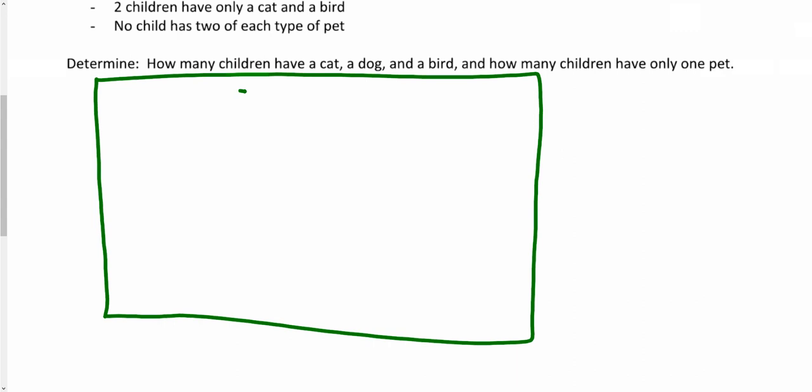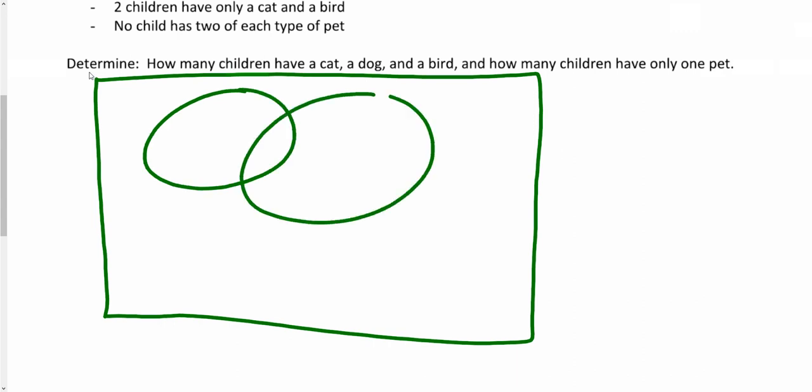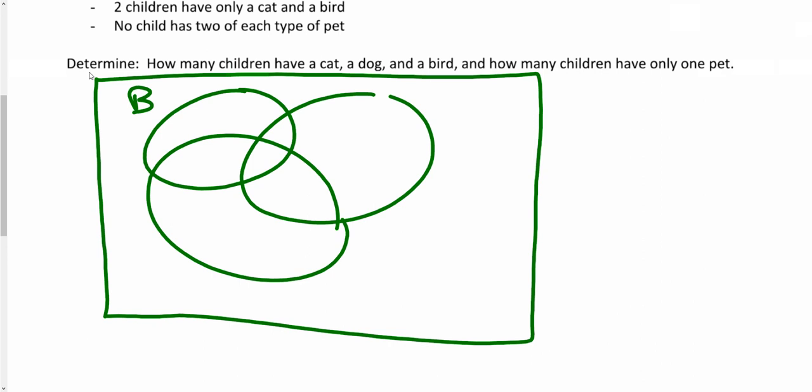All right. So we draw our Venn diagram here. Let's go bird, cat, dog. Okay. So now what we know is, we know the total for each ring. Like we know all these numbers here for birds have to add up to 13.